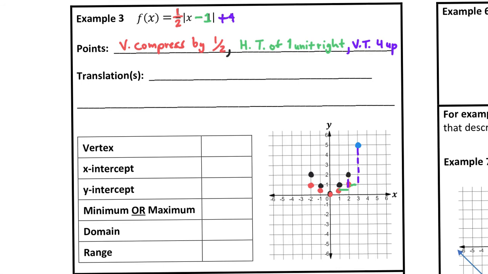So 1, 2, 3, 4. Pretty much we're going to have this shape. So the same shape that the red is making, it's going to do something like this.